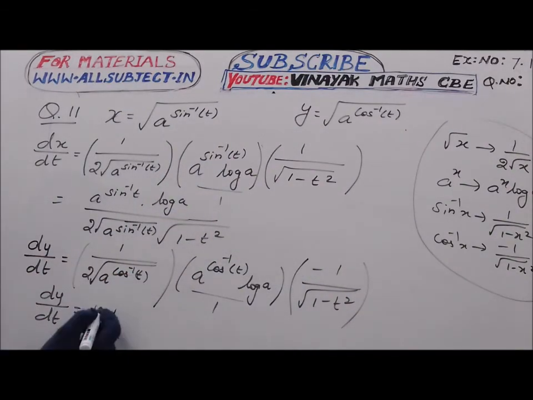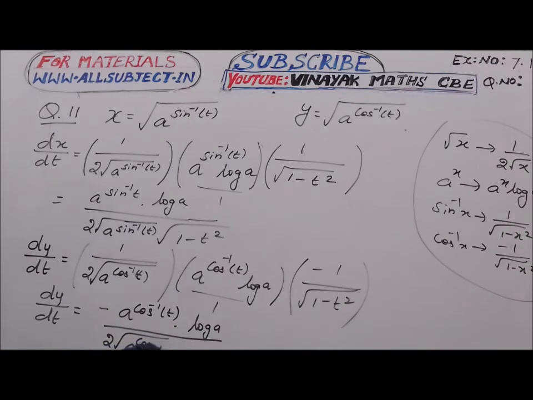Multiplying the numerator, minus a power cos inverse of t into log a divided by 2 into root of a power cos inverse t into root of 1 minus t square.